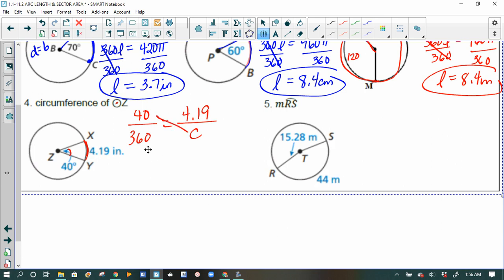So cross multiply 40C, and then 360 times 4.19, which is 1508.4, and then divide by 40.